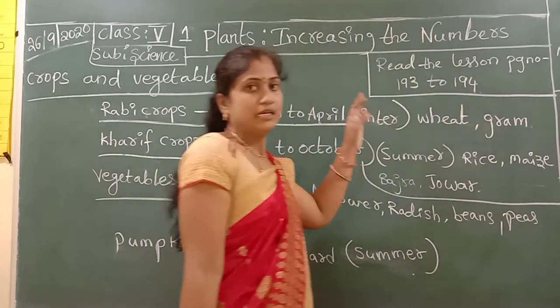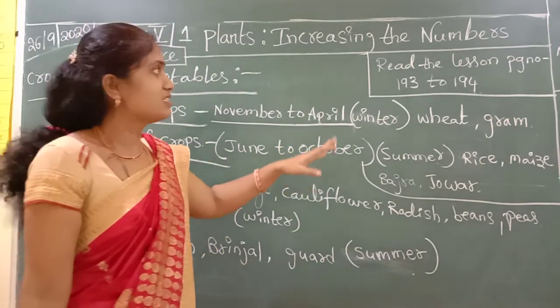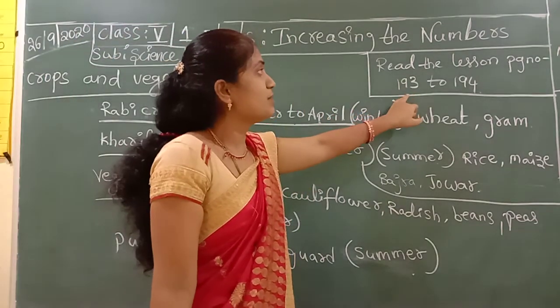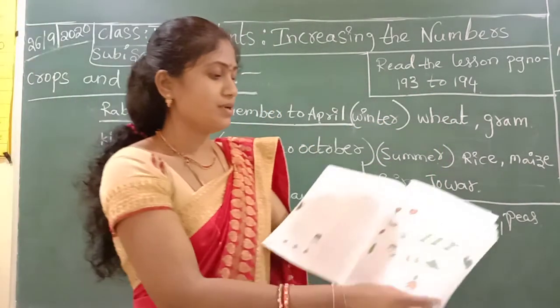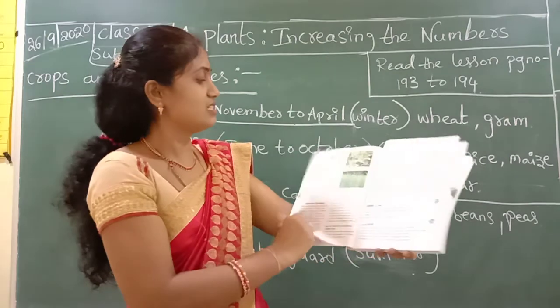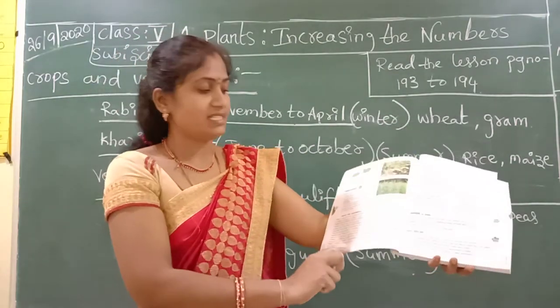Just read the lesson and you have to draw the pictures. You have to practice the pictures. Just read the lesson, page number 193 and 194. See this, you have to draw these pictures and read this lesson. Okay, children?